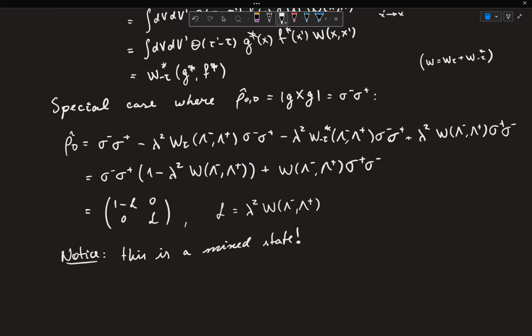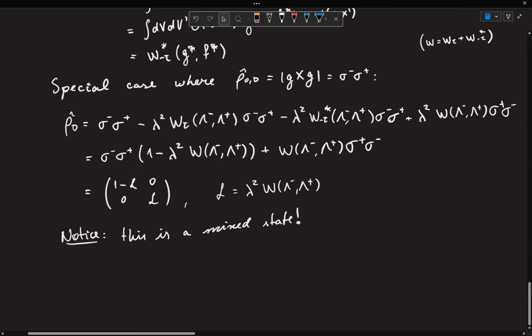And something else that you can see from this is that this L has an interpretation, which is that it is the excitation probability.